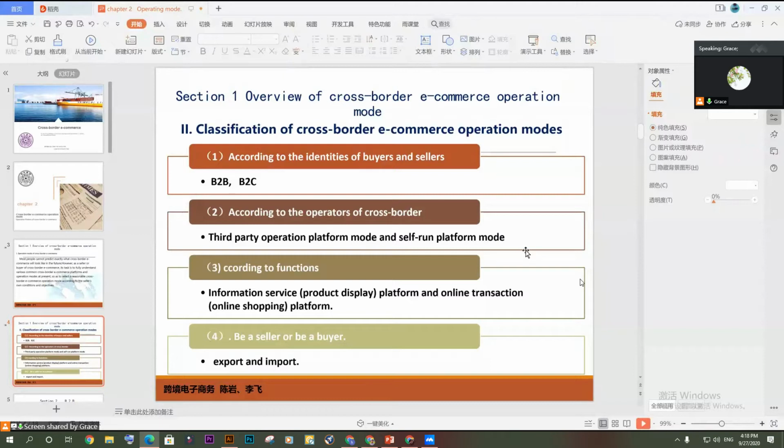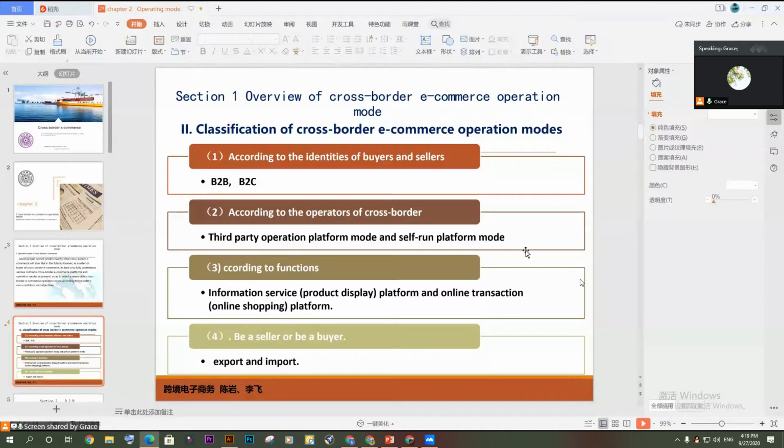Okay, there is another question for you, because we have assignment 1, and I asked you to write the names of some cross-border e-commerce platforms. Most of you have given me your answers. You wrote Taobao and Amazon, Tmall International and JD International. So these are platforms for cross-border e-commerce.